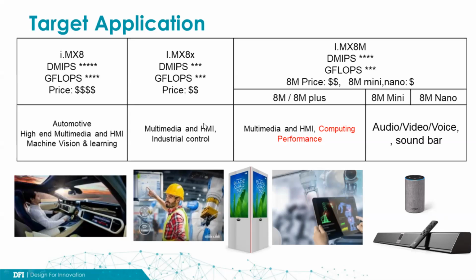The 8X is targeted at standard or general industry applications, or sometimes we call it entry-level HMI or industry control. And then you can see the i.MX8M. The i.MX8M has a quite large range of applications. The 8M Plus targets multimedia or HMI, but with higher computing performance compared to the i.MX8X.